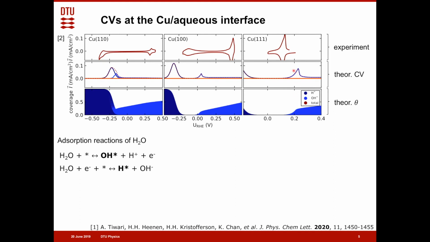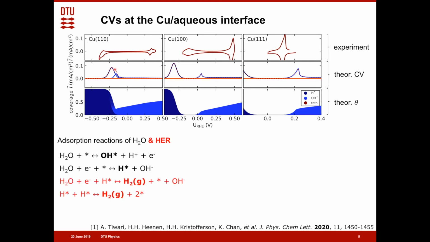And here we see that the peaks located at the more positive potential correspond to the OH adsorption, whereas the peaks at the more negative potentials correspond to hydrogen adsorption. In the case of the 110 crystal, these peaks even overlap, explaining this very large charge associated with it.